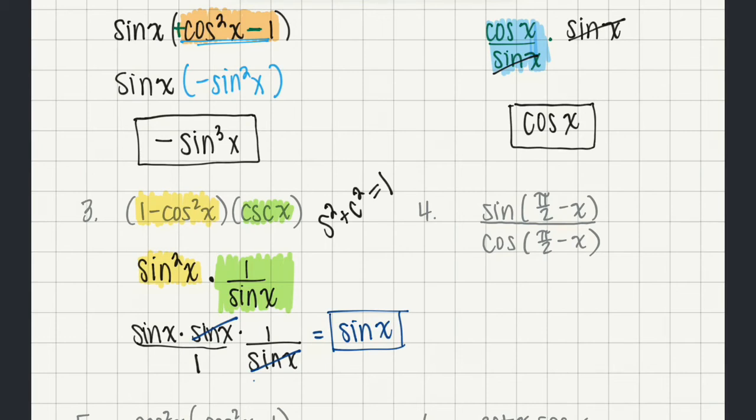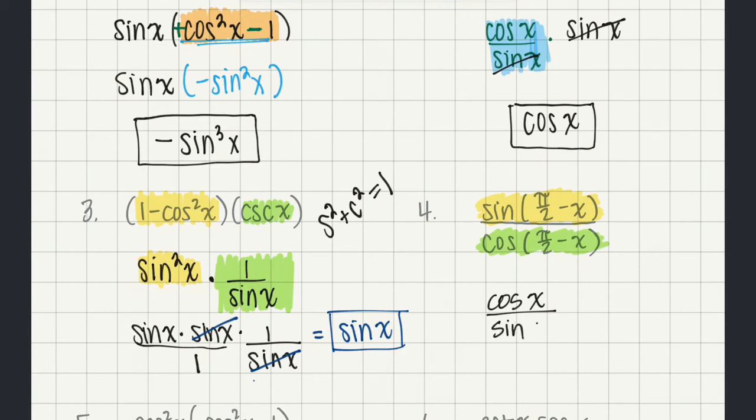Now number 4 is a great example of having to use our cofunction identities. And that's where using these flashcards, these problems start going so quickly because you already see what you're supposed to do. Sine of pi over 2 minus x is the same thing as the cosine of x.